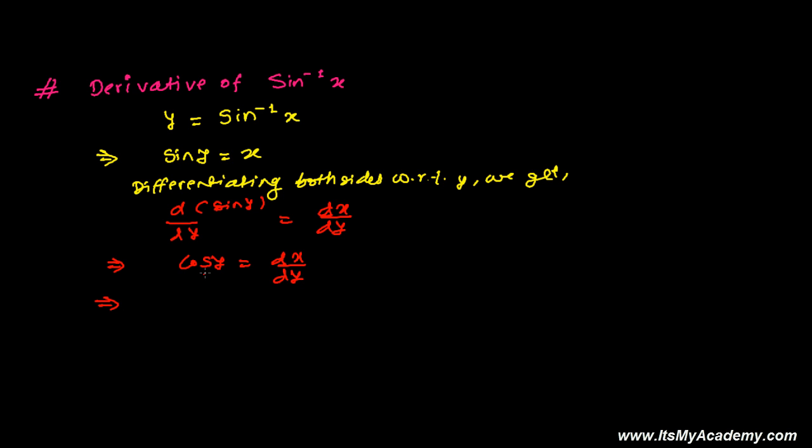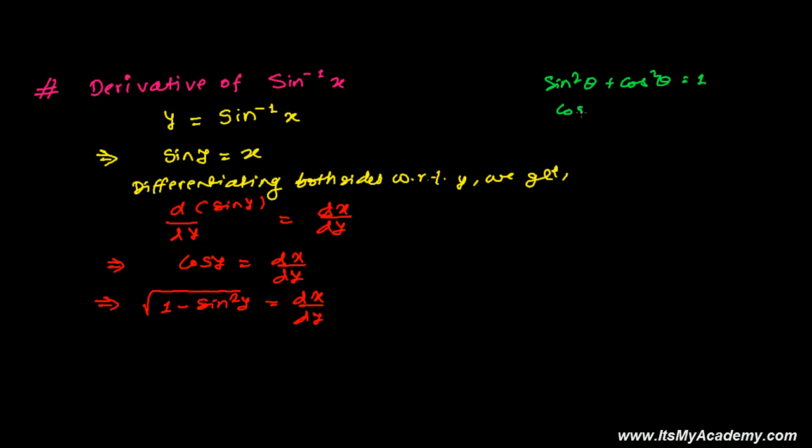Now in place of cos y we can write root over 1 minus sine squared y, which equals dx over dy. You might be asking where that came from. It is from the simple identity that you have learned, that sine squared theta plus cos squared theta equals 1.